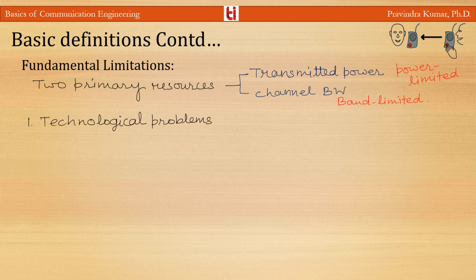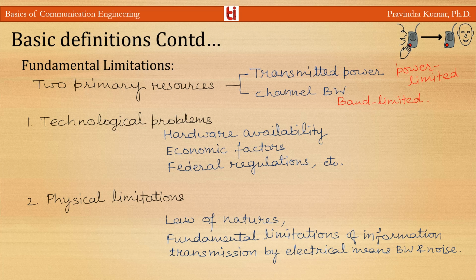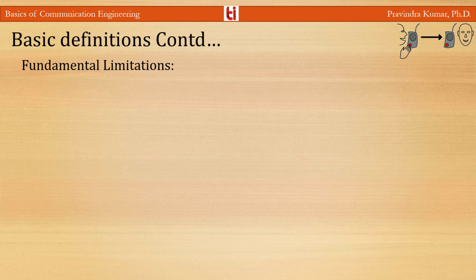One is technological problems such as hardware availability, economic factors, federal regulations, and so on. The other is physical limitations, the laws of nature, the fundamental limitations of information transmission by electrical means: bandwidth and noise. The concept of bandwidth applies to both signals and systems.